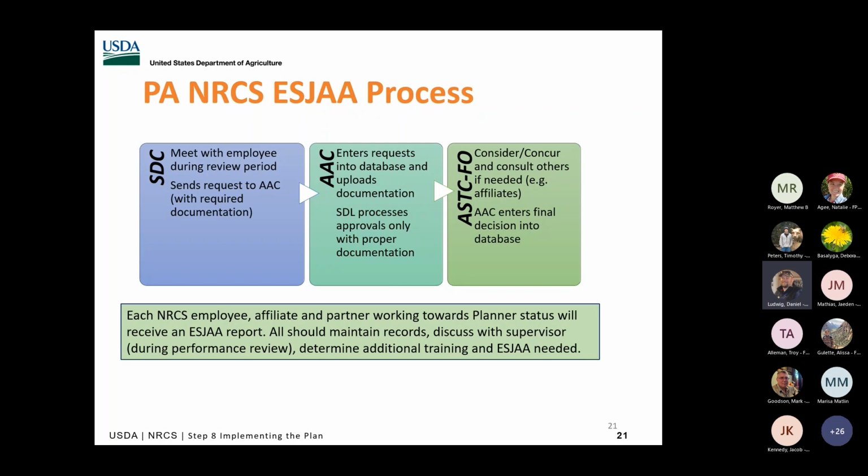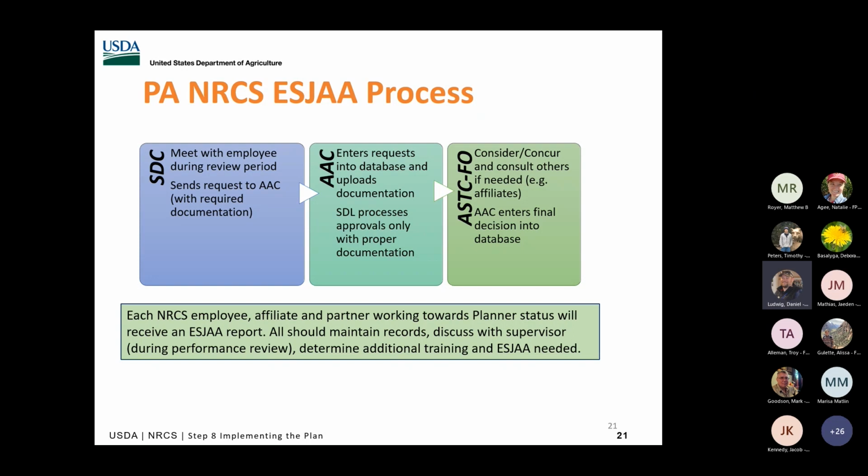I think now is a good point to discuss anybody that's from the ecological science side of things. Essentially, once you achieve your level 1 conservation planner certification, there is a list of 18 practices that you can receive a chart for.